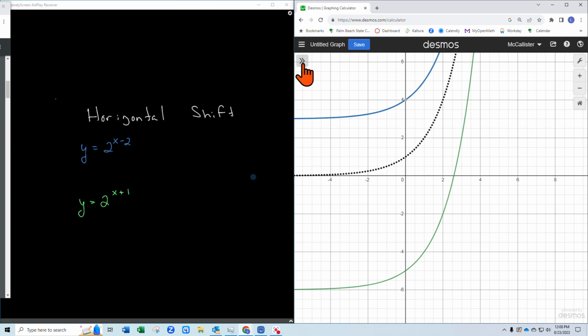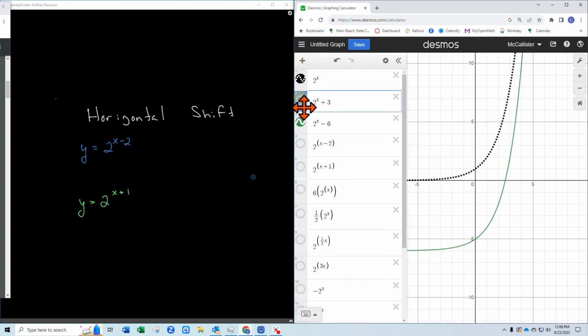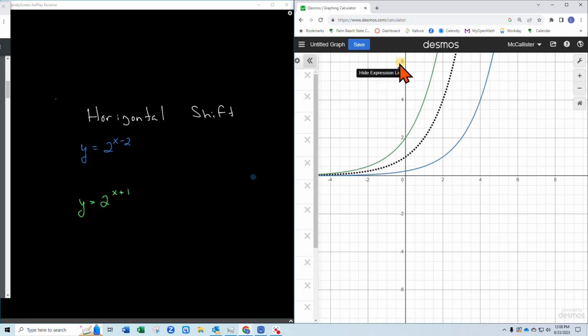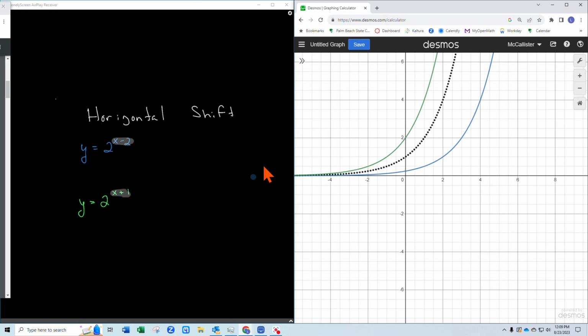The next one we're going to talk about are the horizontal shifts. And if you look at these, the difference with this is where is the shift happening? You'll notice for both of these, this x minus 2 and the x plus 1, that remains in the exponent. Whenever that happens, the shift is opposite of whatever the sign is.